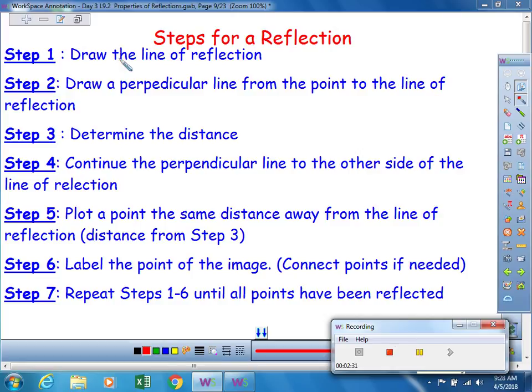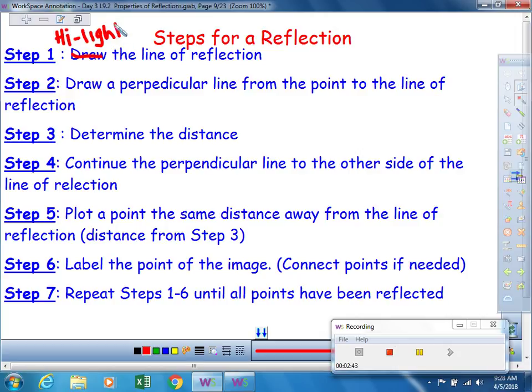Just to review, because we're going to make some corrections to these notes. Draw the line of reflection. I don't draw, I highlight. I highlight the line of reflection. It just kind of gives you a central point of where to go, what to count towards.